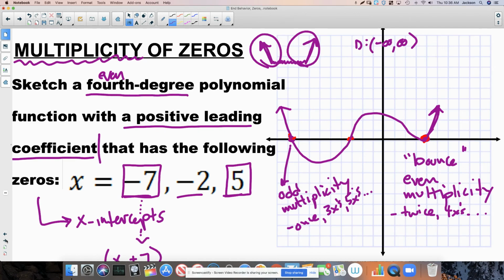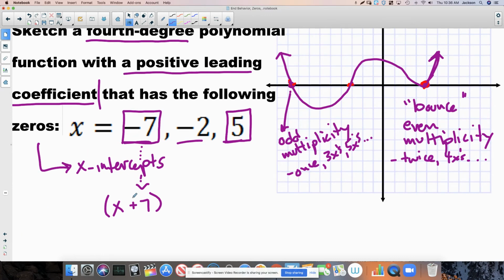So for x equals -7 as one of the zeros, x plus 7 would be the factor, and we would count that one time. For x minus 2, the factor that we get, the linear factor, might be this. Okay, now there could be a leading coefficient here that I don't know about. It just says it has a positive leading coefficient.